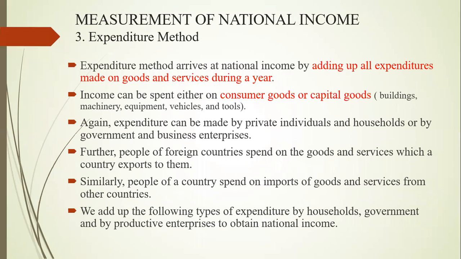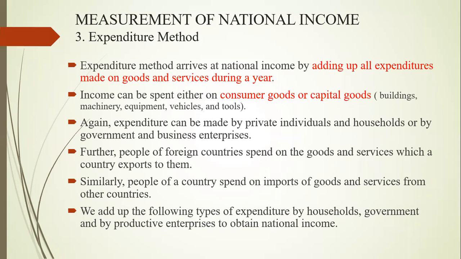The third and last method of measurement of national income is the expenditure method. Here we calculate the national income by adding up all the expenditure made on goods and services during a particular year. Who makes all this expenditure? Either households, meaning individual people, or industries, or the government, or sometimes people staying in our country importing something from a foreign country.